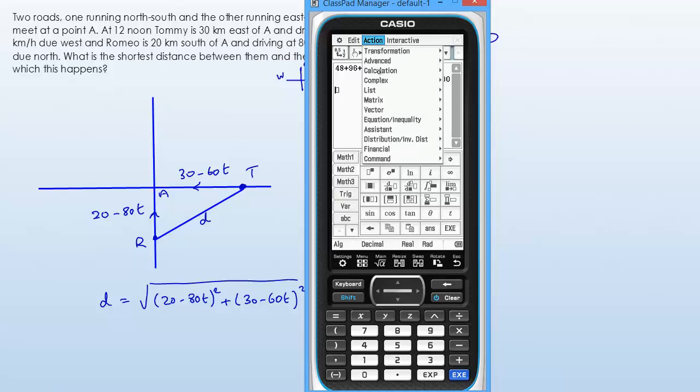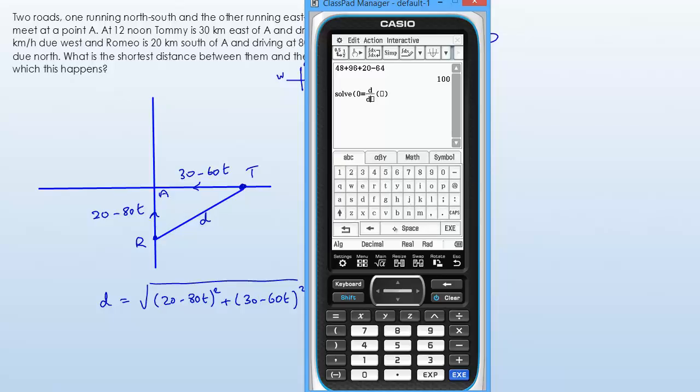First we want action, advanced, and solve, and 0 equals, and then we'll have d/dt of our expression.